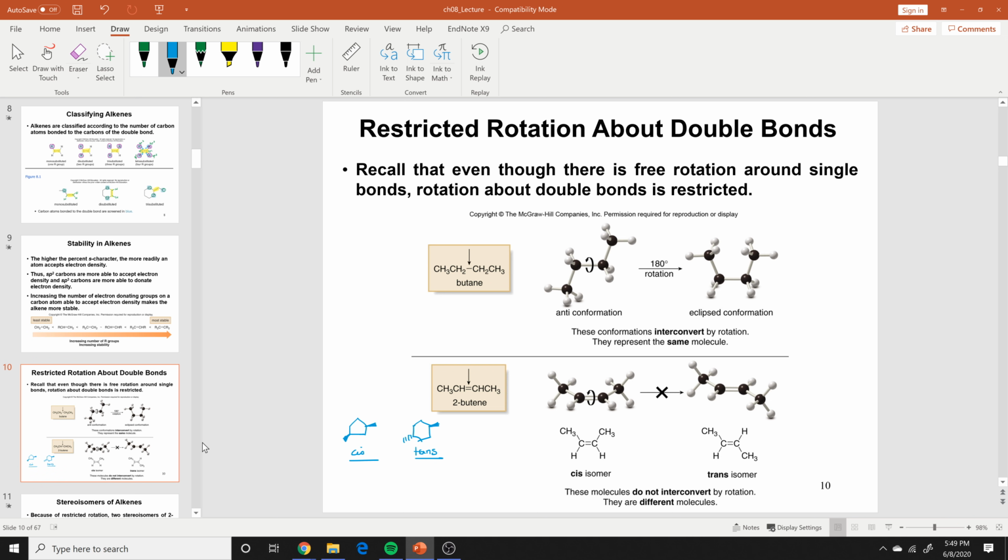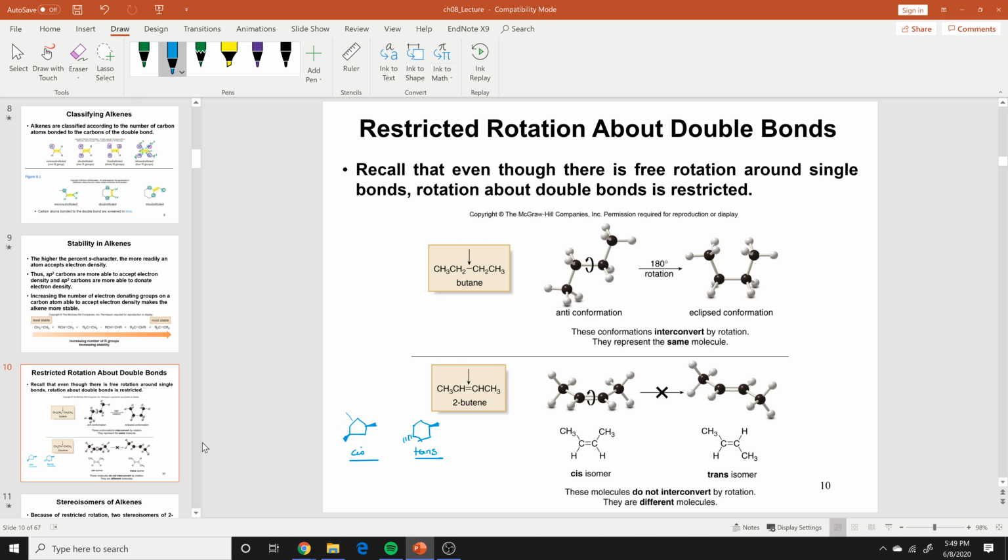We said that there is no way you can rotate from cis to trans. This is why cis and trans are never mirror images of each other. This is in case we are talking about a chiral center. So if you're talking about a chiral center in there, then definitely the cis is going to have a mirror image that is cis, if you are not able to draw a plane of symmetry.